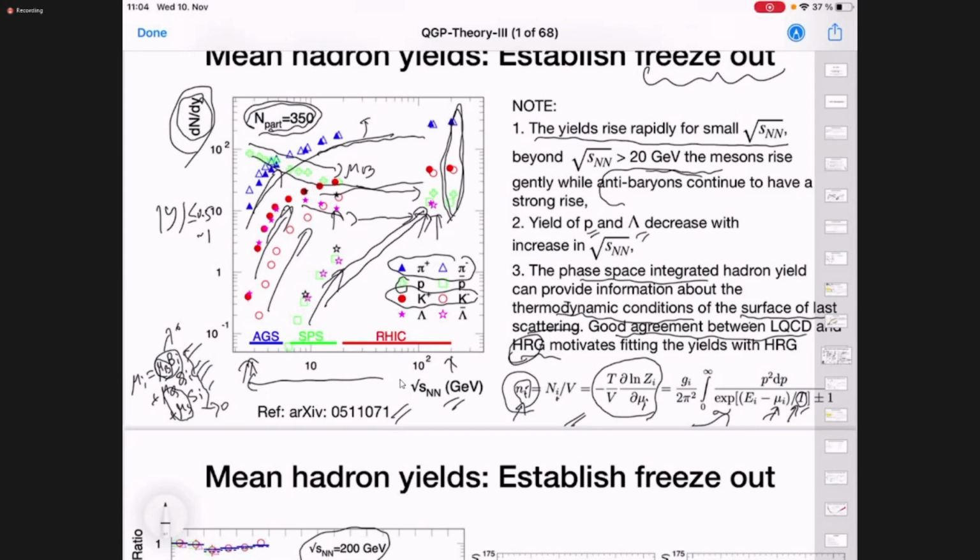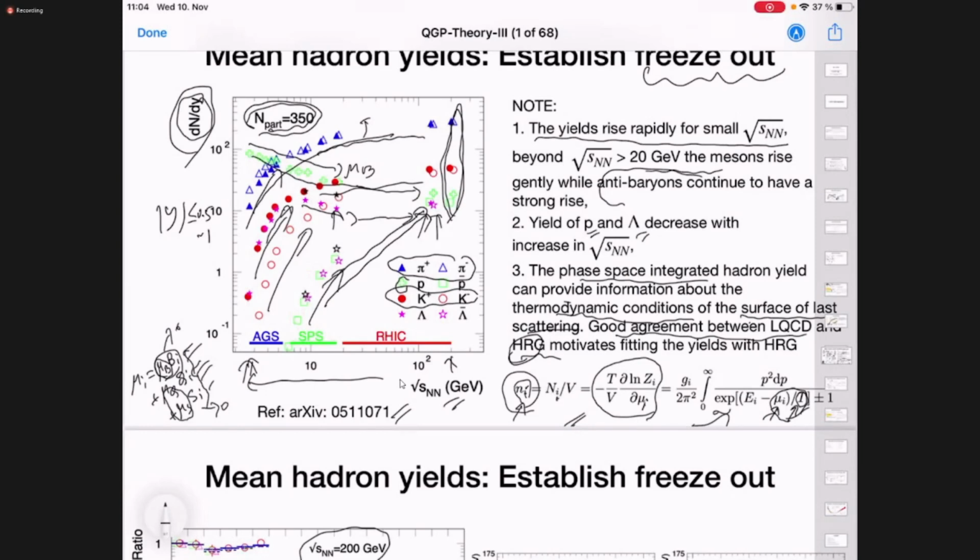Yeah, go ahead. I think there may be some production mechanism, but that may affect because K plus has a higher yield. Maybe the quark content is the reason. Yeah. But one thing is, here we are not trying to understand things microscopically, right? We are trying to understand thermodynamically, right? So you just think in terms of temperature and chemical potential, okay?